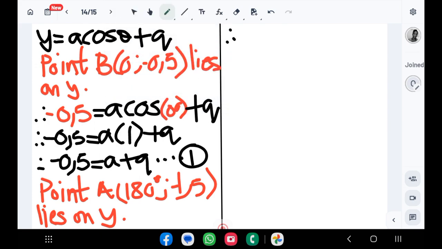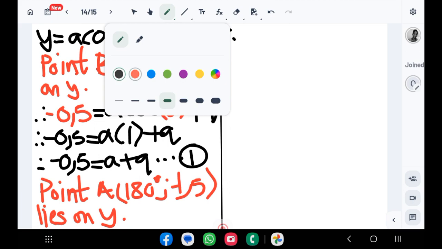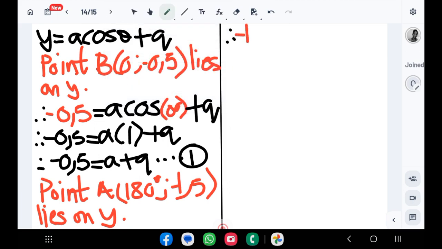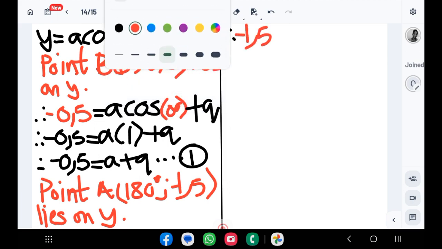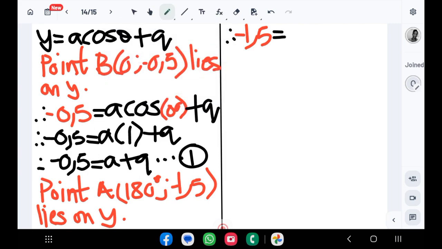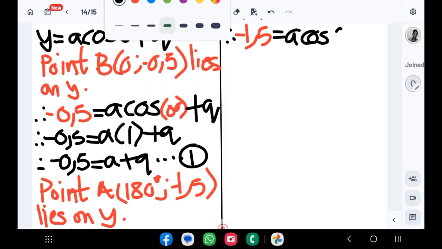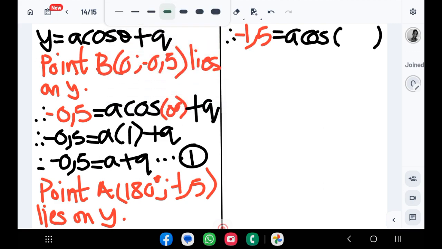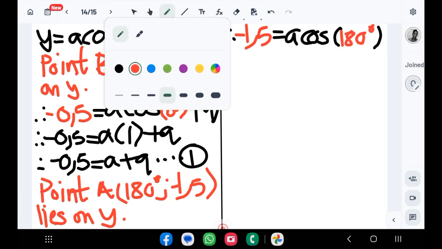The y coordinate is negative 1,5, so we substitute that on the y. So negative 1,5 equals a cos of the angle, which is 180 degrees, and that's what you substitute, 180 degrees, all right, plus q.